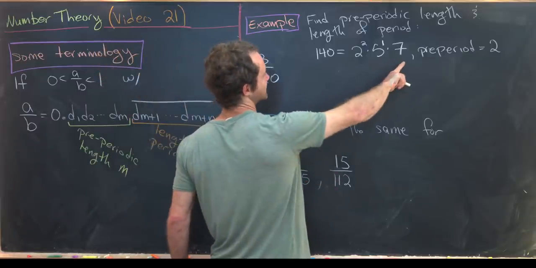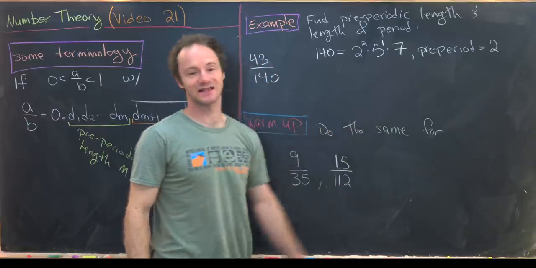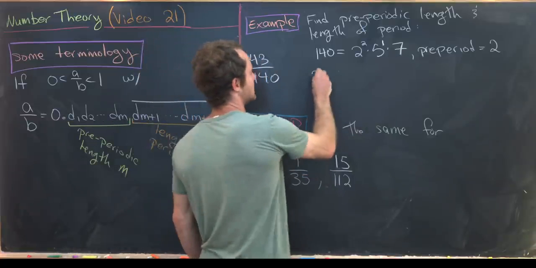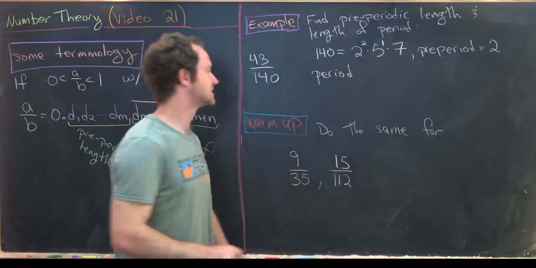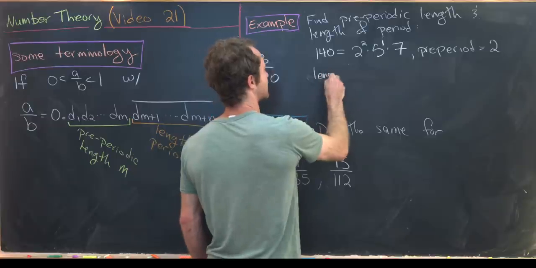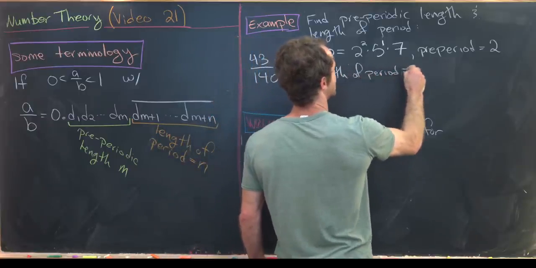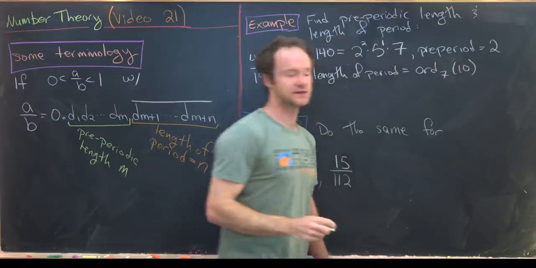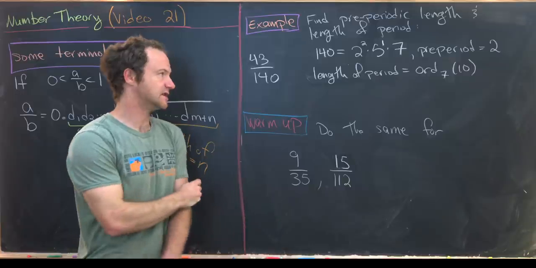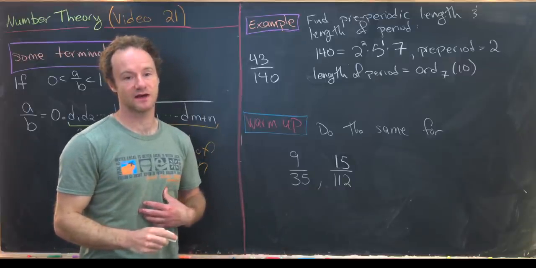Then, in order to find the periodic length, we're worried about this number that's left over, and the order of 10 mod that. So in other words, the length of the period will be equal to the order mod 7 of 10. In other words, the smallest number so that when we raise 10 to that number, we get 1 mod 7.